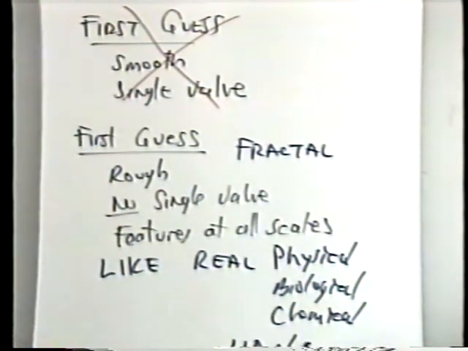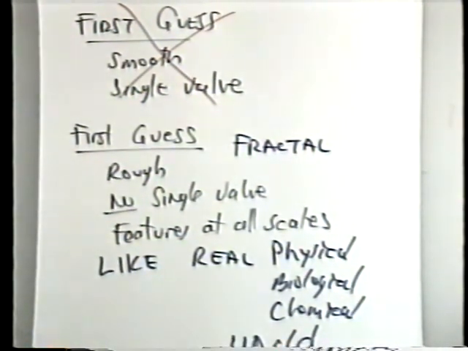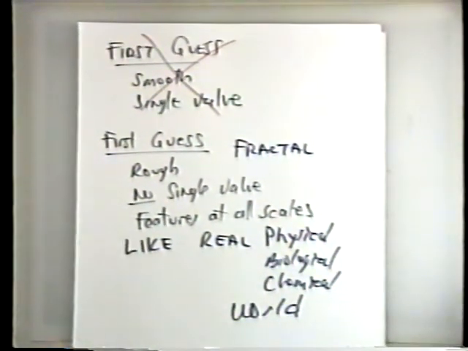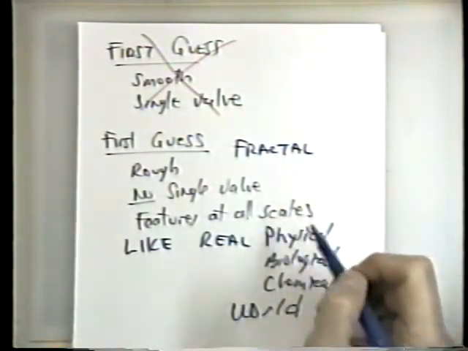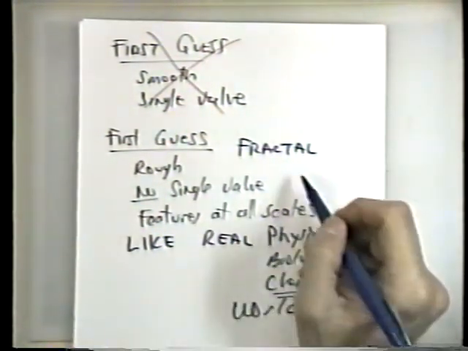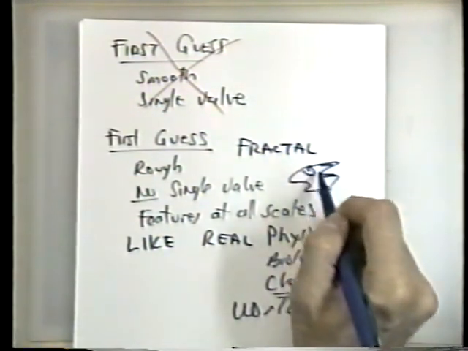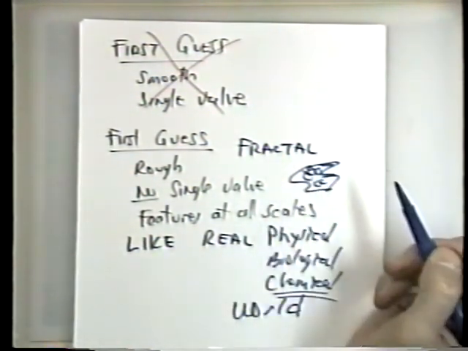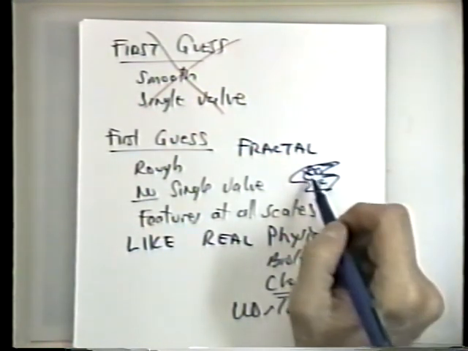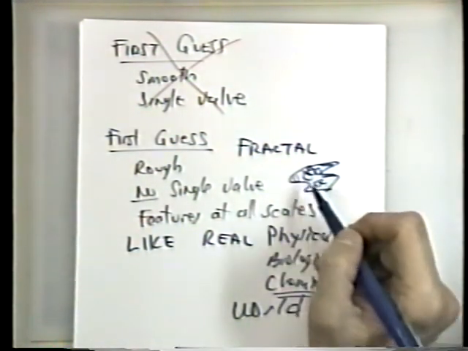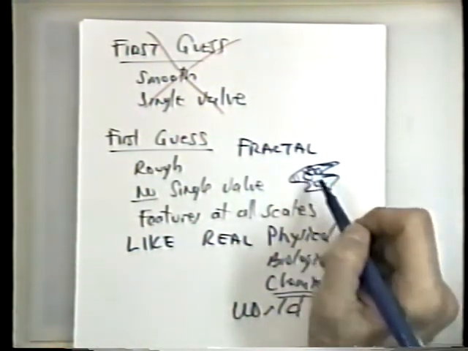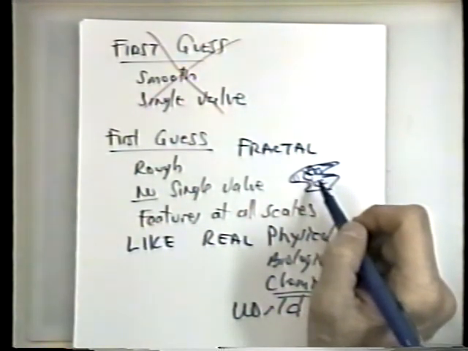What do you mean by no single value? We can't characterize... let me take a chemical example. Let's say we had something that had a lot of holes in it, like a solid catalyst. We couldn't characterize the size of the voids in the catalyst by a single number, that there are big holes and smaller holes.